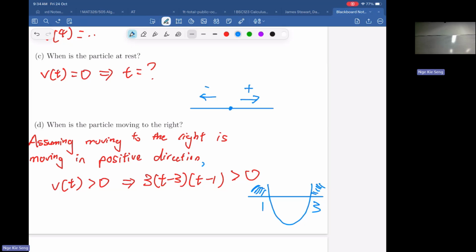But if you pick anything between 1 and 3, you will always get negative on the (t minus 3) side, but (t minus 1) is always positive. Negative times positive becomes negative, so that one is less than 0. So we will pick t less than 1 or t greater than 3, in seconds: 1 second, 3 seconds.